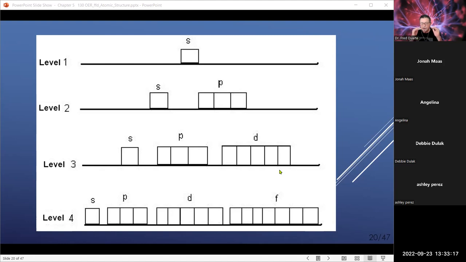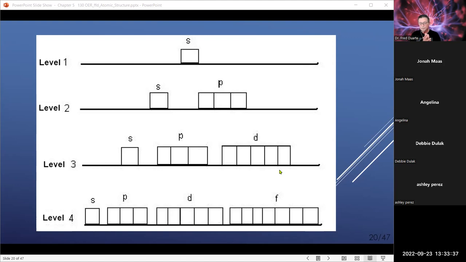So we have 7 periods on our periodic table: period 1, period 2, period 3. Further into this theory, it was developed that within the energy levels there were sublevels, which are called orbitals.